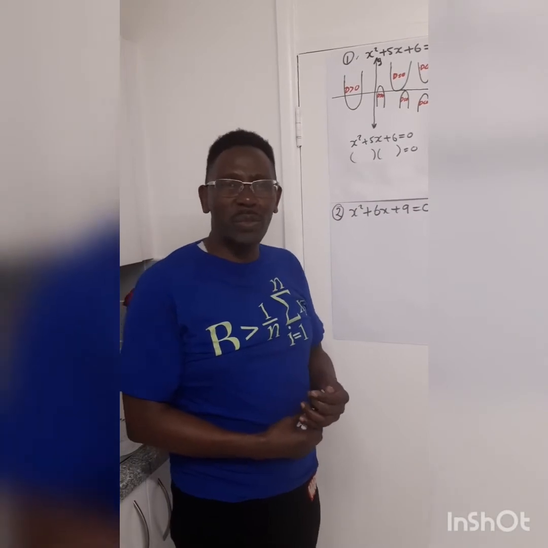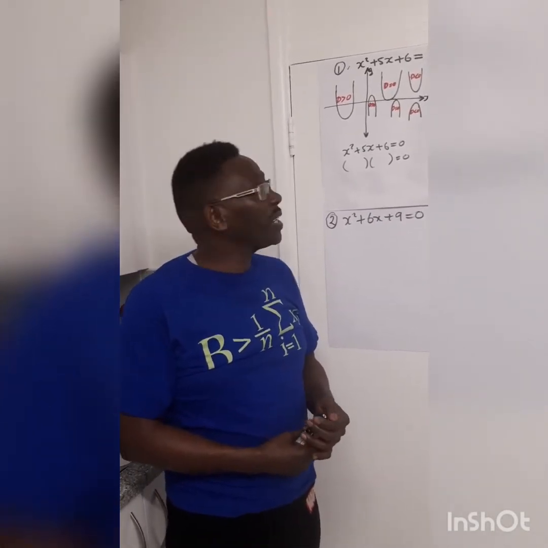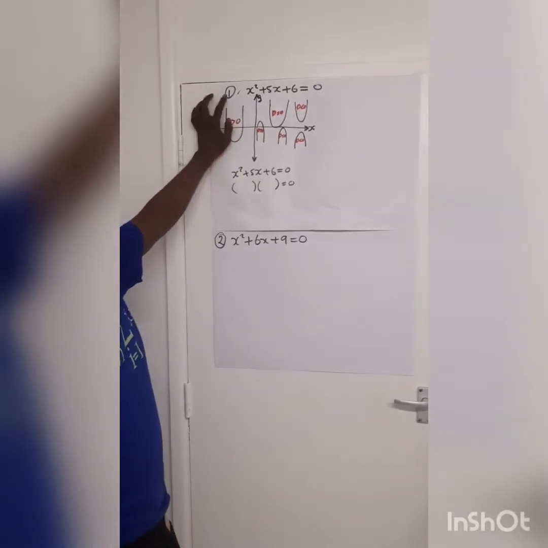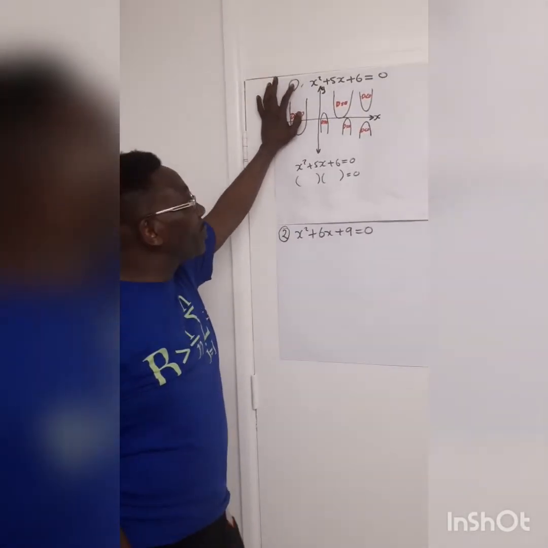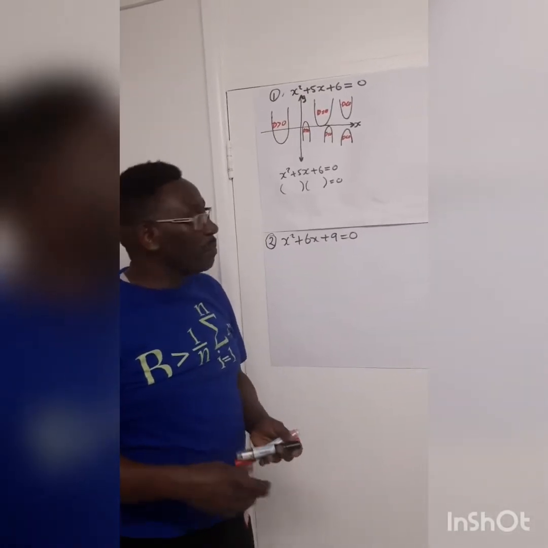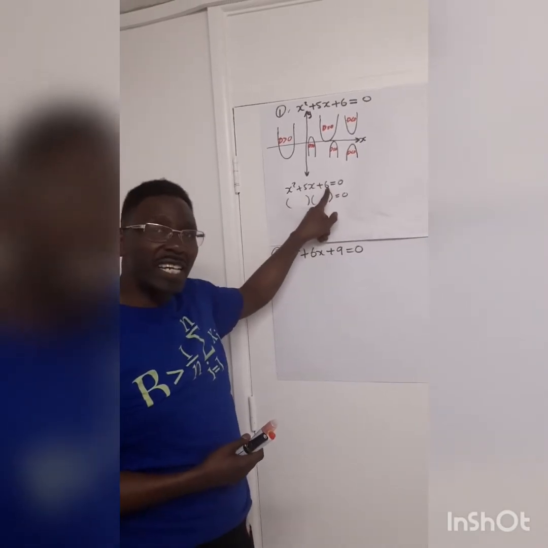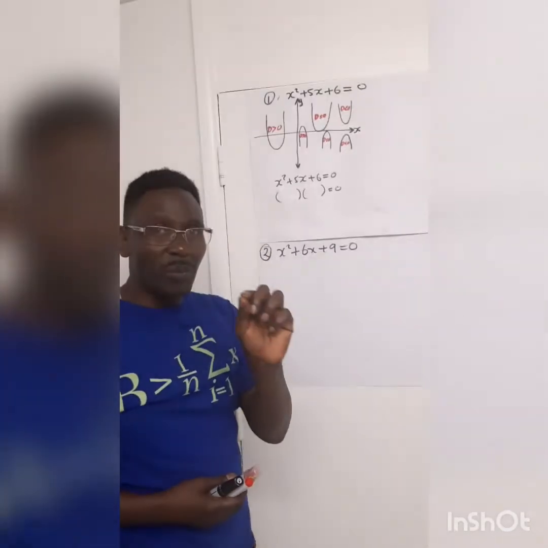Welcome to part 2 of solving quadratic equations using the Po-Shen Loh method. We're going to start with this equation here, which is straightforward: x squared plus 5x plus 6 equals 0. The way we solve it normally, we start by looking at the constant and looking at the factors which we multiply.